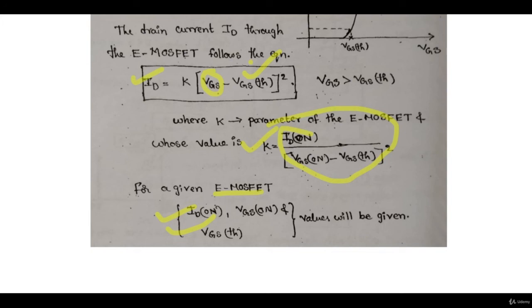So where does VDS come into this picture? By the value of VDS we can define the region of the transistor in which it is working.